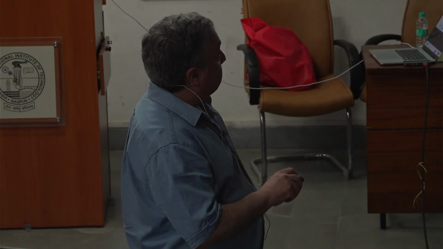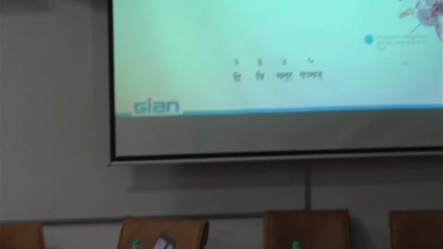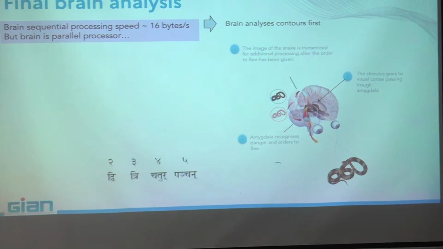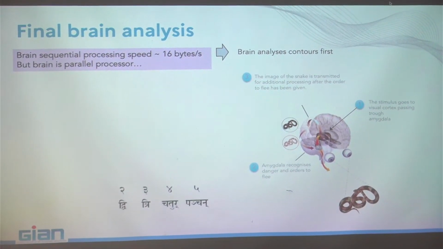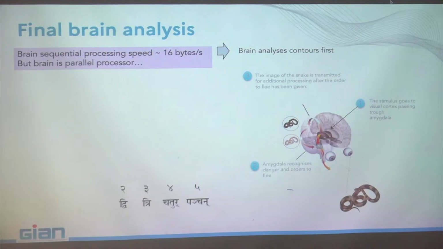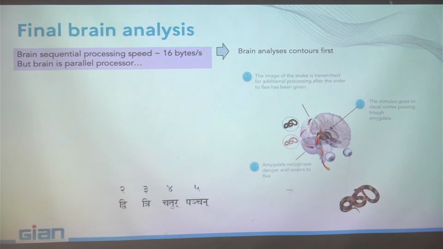You see the snake, the contour goes to the amygdala, is compared with the potential dangers, and it says, oops, snake, and automatically gives a reflex order to your legs to turn and go in the other direction as fast as you can. If you are an adult, you can control yourself and stay. But I have seen my daughter when she was 3 years old in the countryside.